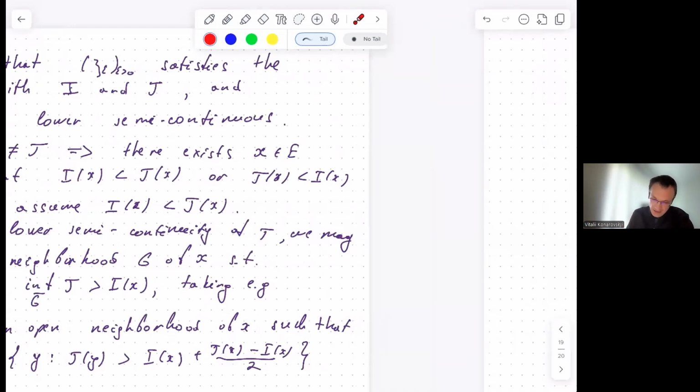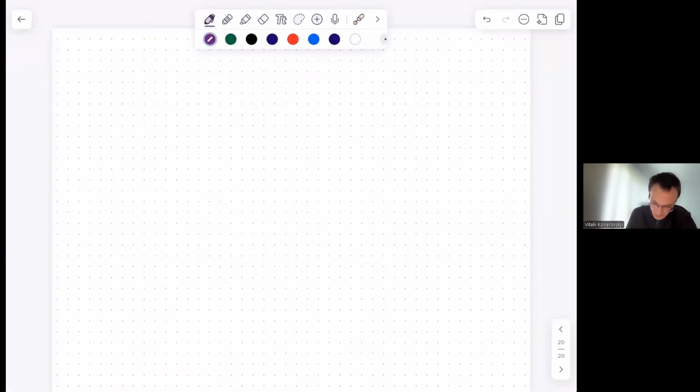And now we can get the contradiction immediately, because with this choice of G, we have that minus I of x is less or equal than minus infimum of I over set G, because G contains x, therefore the infimum must be smaller, but minus infimum larger.